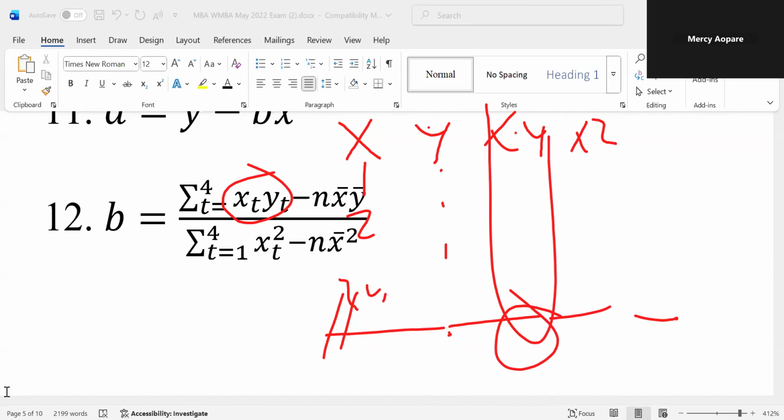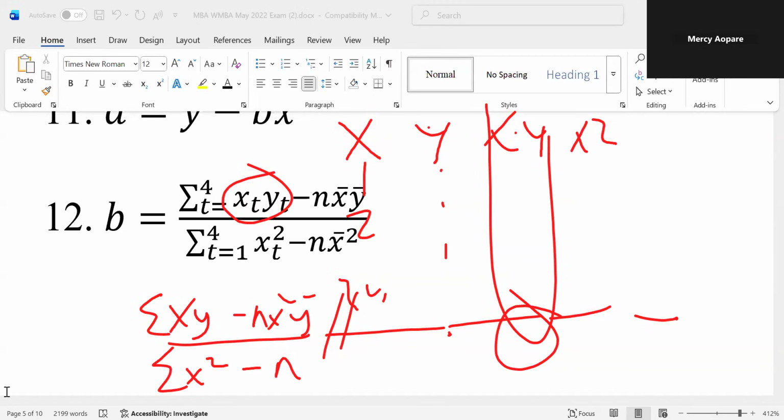But why is T there? It's indicating that it's over time. It could have been written simply without a T, but just the sum of xy minus n x bar y bar, divided by the sum of x squared minus n x bar squared. That's all, without a T.